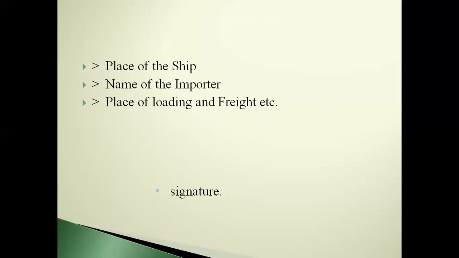Next comes the name of the importer with mailing address and contact details. Next, place of loading and freight, payment, and all other details will be mentioned. Last but not least, the signature of the competent authority will be there.